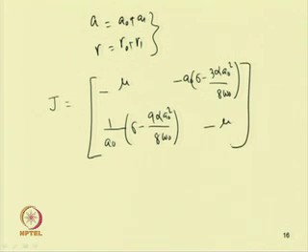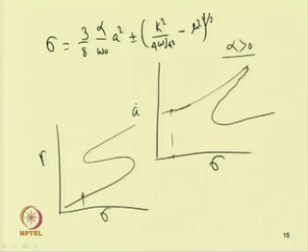Now one can find the eigenvalue of this Jacobian matrix corresponding to this value of A and gamma, and study the stability, whether this branch is stable or unstable. After studying the stability of each branch, one can know whether the corresponding response is stable or unstable.